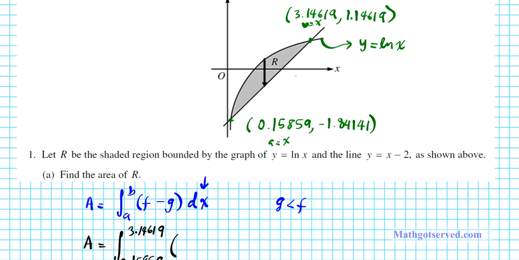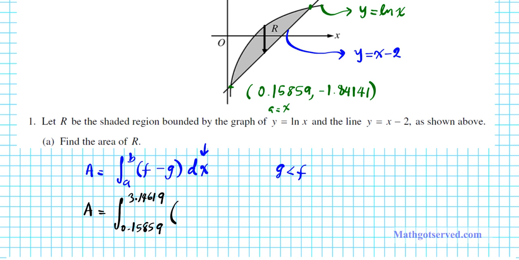And this function down here is our linear function, x minus 2. So if we apply the formula to this situation, the function on top is the logarithmic function, ln x, minus the function on the bottom, the linear function, x minus 2. I have to be careful here to put this in parentheses so you don't have an error with the sign. And then dx, that will give you the area.